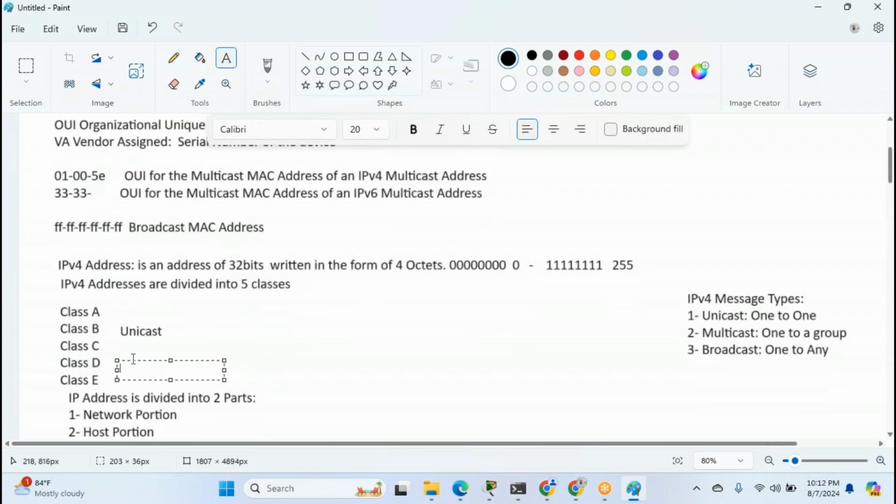Class D is for multicast. Class E was undefined, its purpose was not defined, and we have a global broadcast address.